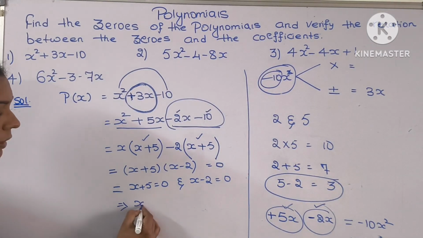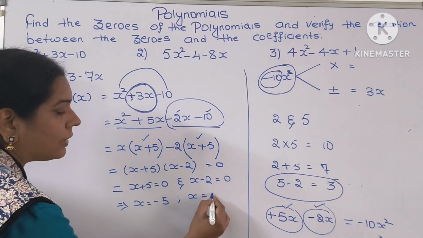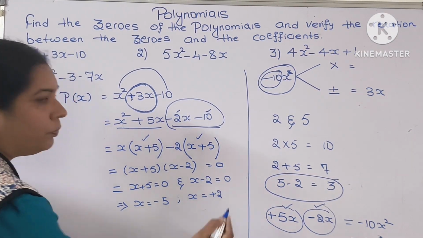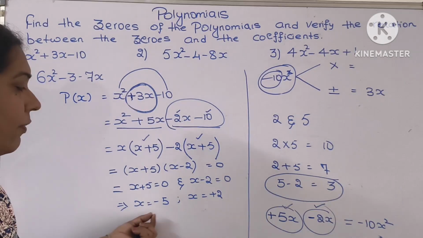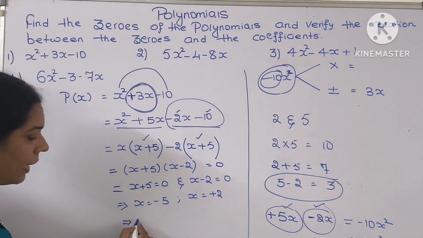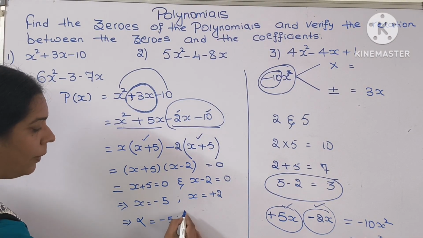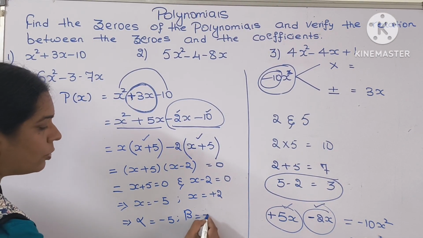From this, I can get the value of x as minus 5 and the value of x again as plus 2. I said the value of x is nothing but the zeros, and the zeros are written as alpha and beta. So alpha is minus 5 and beta is plus 2.